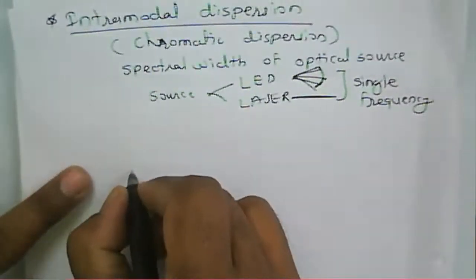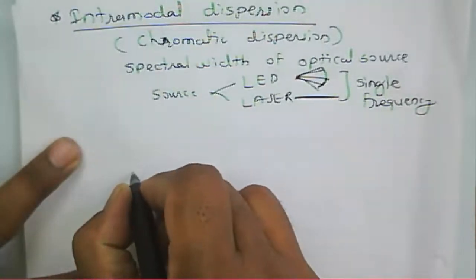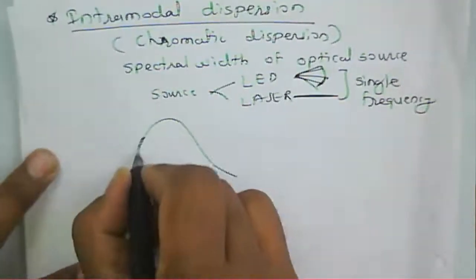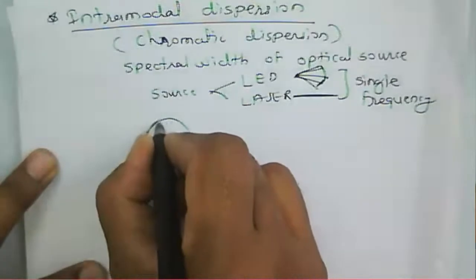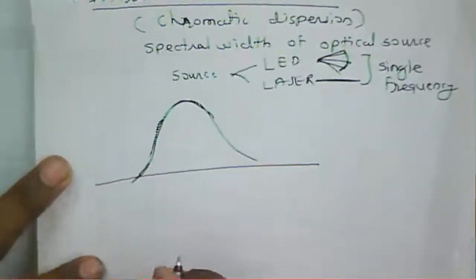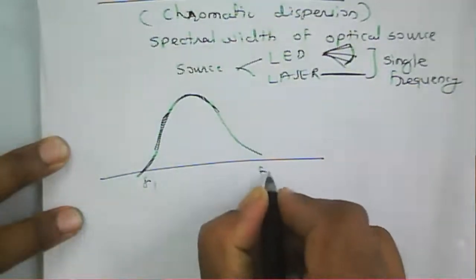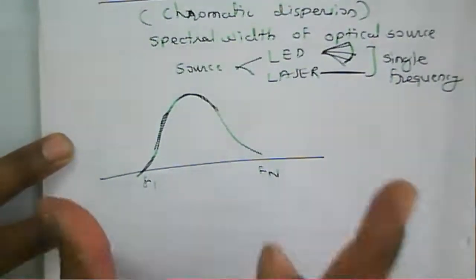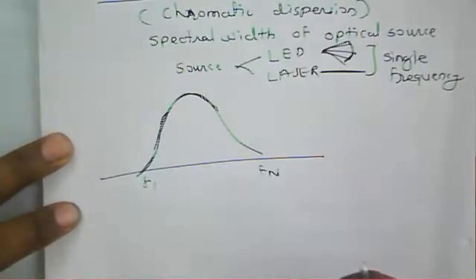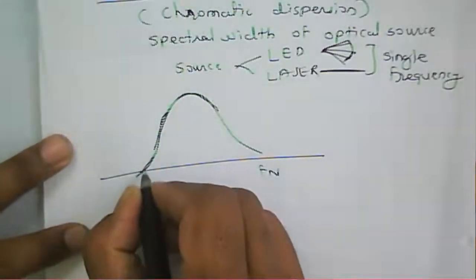For a given particular source, they work with different frequencies, and that range of frequencies starts from F1 to Fn, and that is nothing but the spectral width of your particular source.